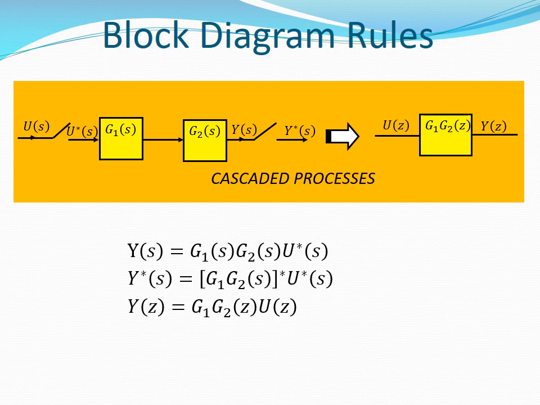The notation G1G2(z) is used to show that we first obtain the overall TF G1G2 in the Laplace domain before we convert it into the Z transfer function.